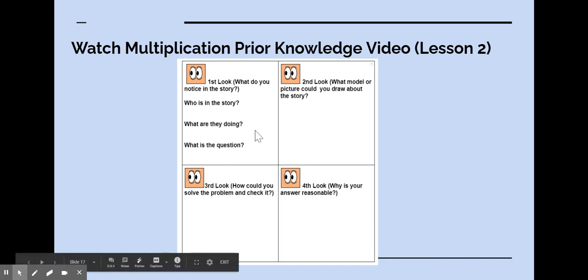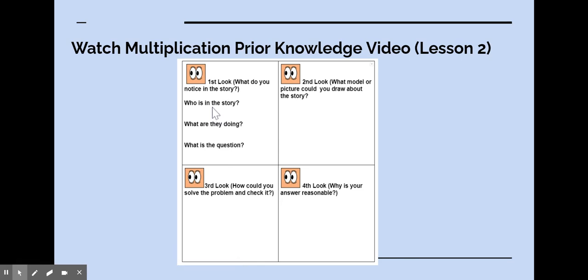So our first look is, what do you notice in the story? We want to pull out who is in the story, what they are doing, and what question is being asked in the story. That is our first read through. Our second look, or our second read of our problem, is that we want to determine what model we could draw to represent the problem.